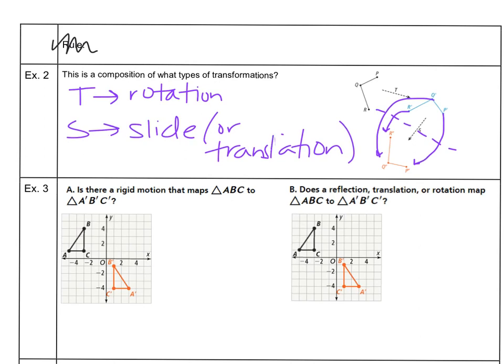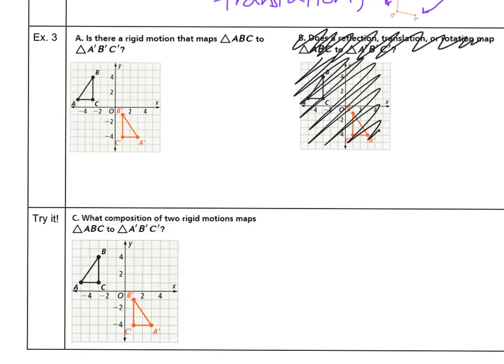Now down below, we're going to take a look at how to create that more specifically. As we think about creating these types of glide reflections, we really have to visualize 2 things happening from our pre-image to our image. For example 3, go ahead and cross off the part B on the right-hand side. We're not going to utilize that. It says, is there a rigid motion that maps triangle ABC to ABC prime?